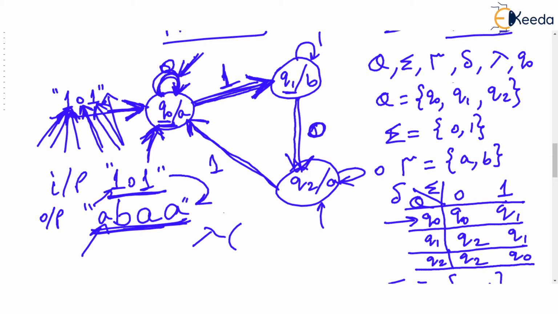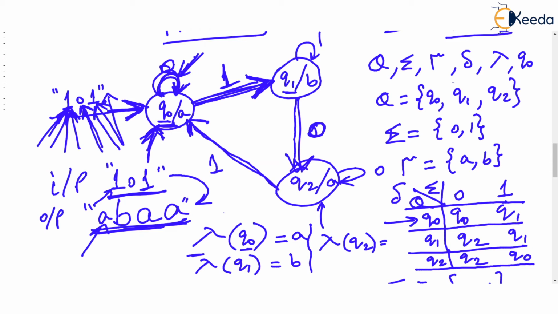Lambda of Q0, because the output is decided only by state, is A. That means whenever the machine is in Q0 state, it will produce A. So lambda of Q1 is B, and lambda of Q2 is A. Isn't it so? And the last element in this definition is Q0. Q0 is the initial state. What do you say? Isn't it so?